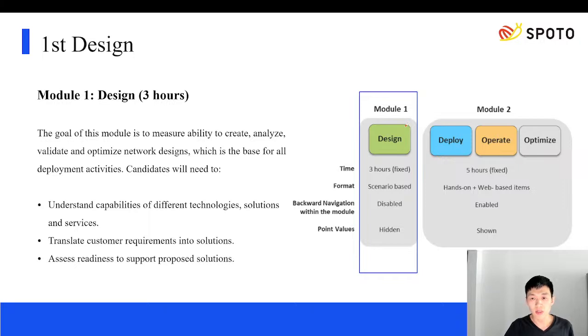You will have 3 hours to read the resources, and it's fixed time, 3 hours. As long as you begin the design exam, the 3 hours start. You can make good use of the full 3 hours to read the resources, do some analysis, and finally answer the questions.